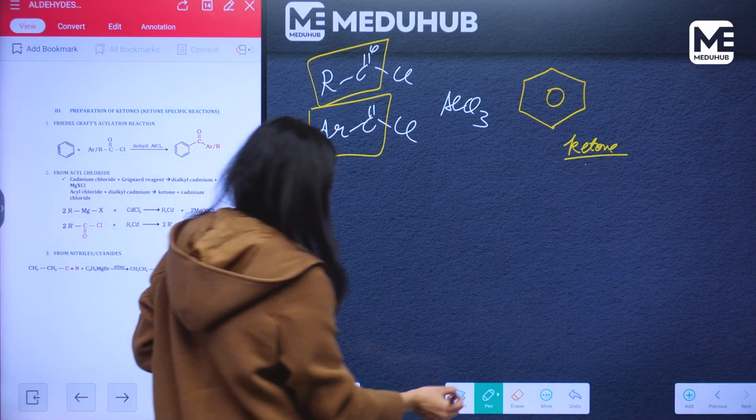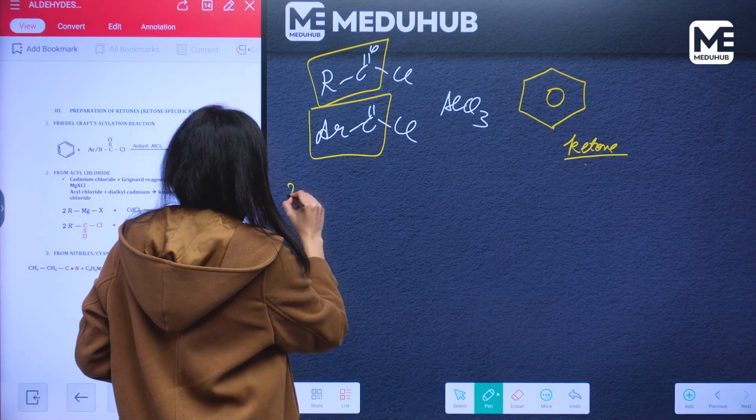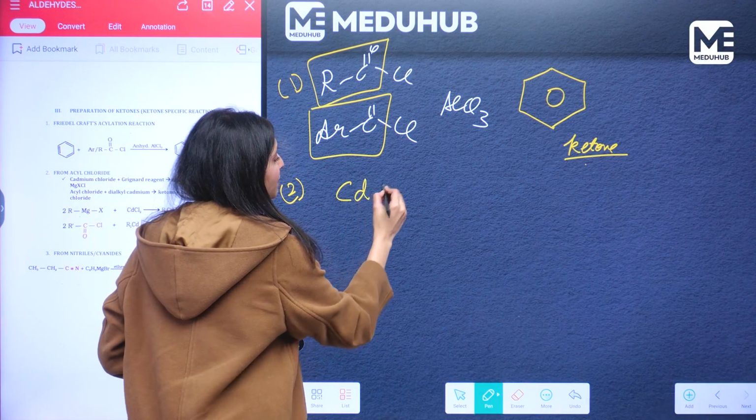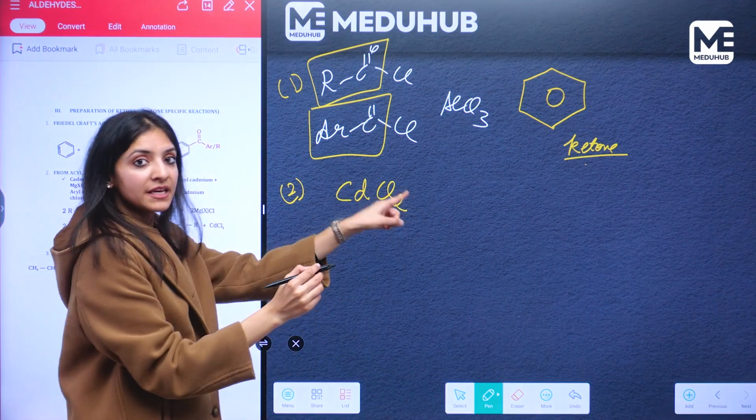The second method is from acyl chloride and cadmium chloride. In this method, what happens is, we have cadmium chloride, CdCl2.